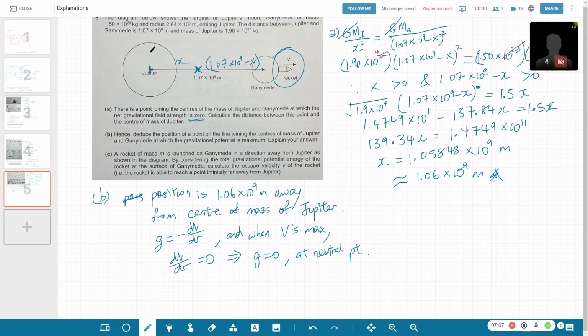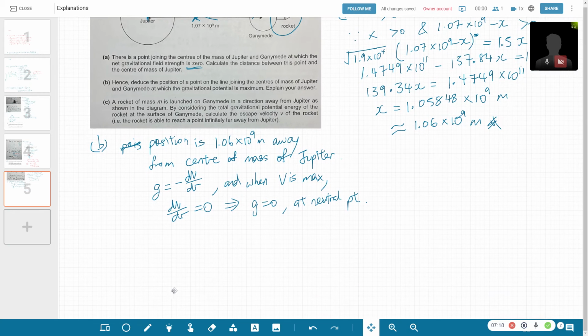From Jupiter, this distance plus the radius of Ganymede is the total distance. So we need to calculate the total gravitational potential energy of the rocket.